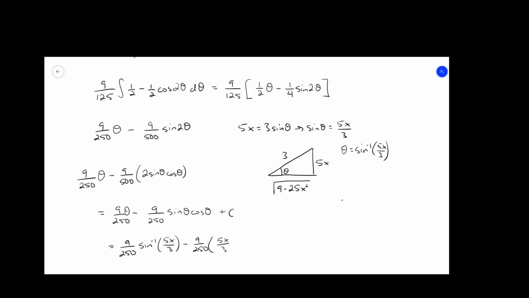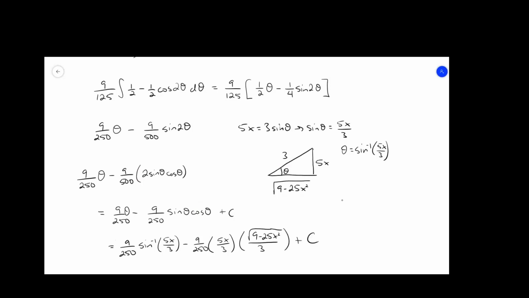Cosine theta is adjacent over hypotenuse. So that becomes square root of 9 minus 25x squared, over 3.